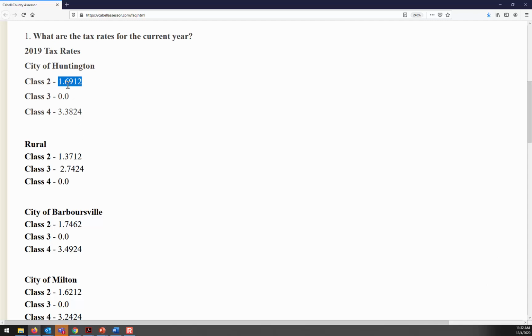But look at, for example, Class 2 in Huntington versus Class 2 in a rural area. Class 2, that means it's occupied by the person who owns it. So in Huntington, if you own a house, then you're paying $1.69 per $100 of assessed value.